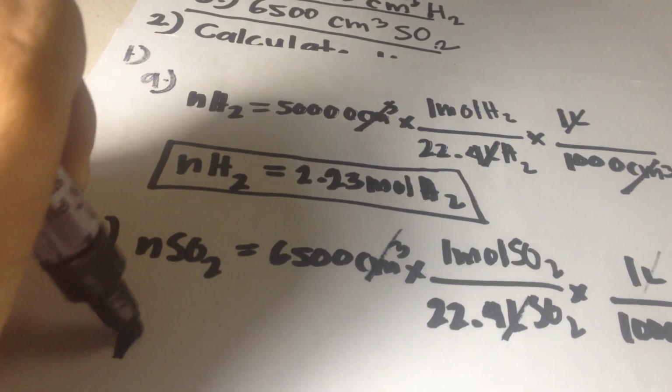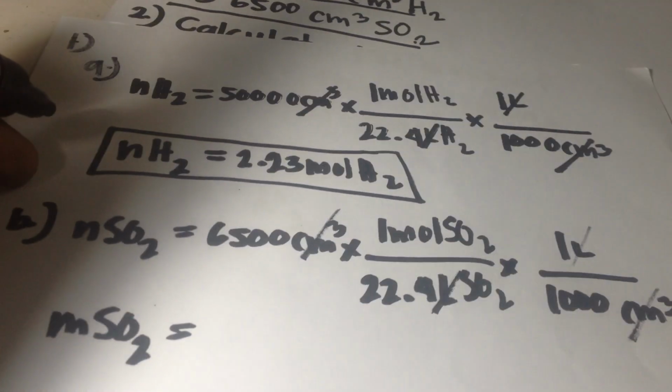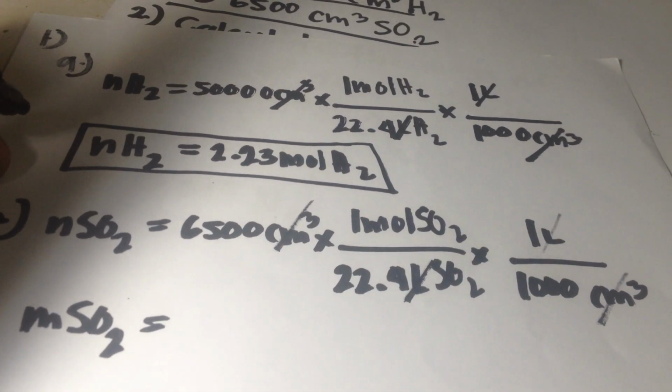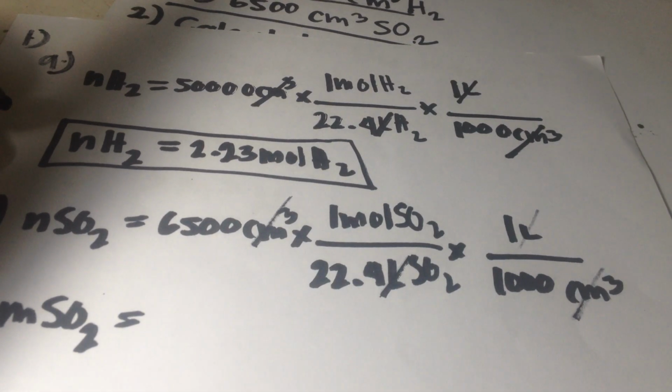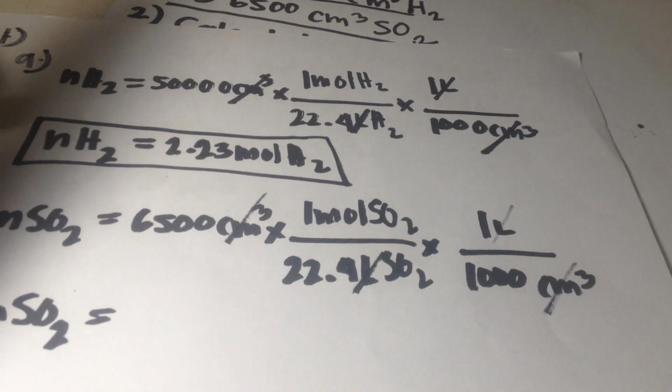So the moles of SO2 is equal to 6,500 divided by 22.4 liters divided by 1000, which is equal to 0.2901.